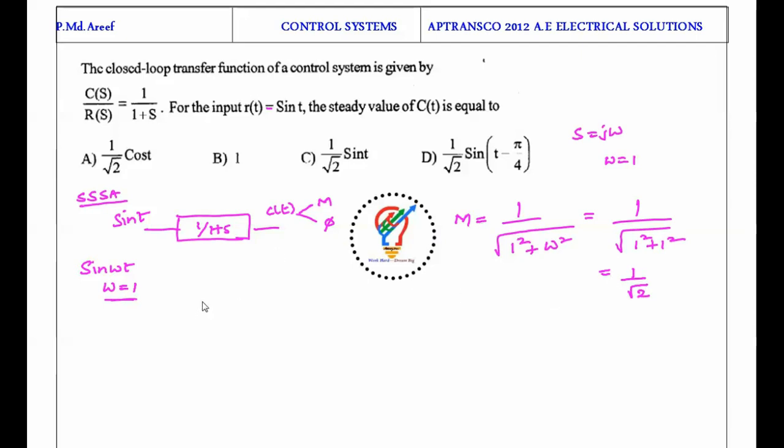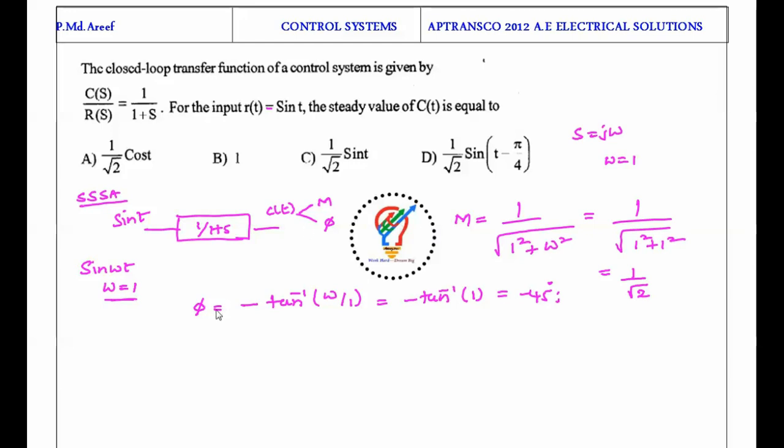Now phi I want, so phi is nothing but minus tan inverse of omega by 1. If we substitute omega equal to 1, minus tan inverse of 1 is nothing but minus 45 degrees.